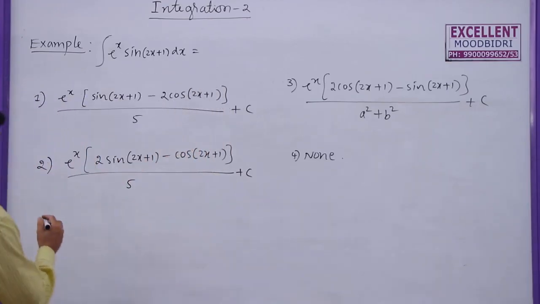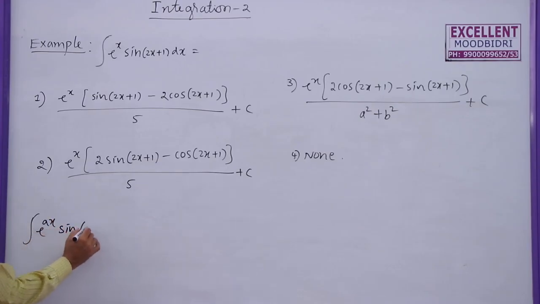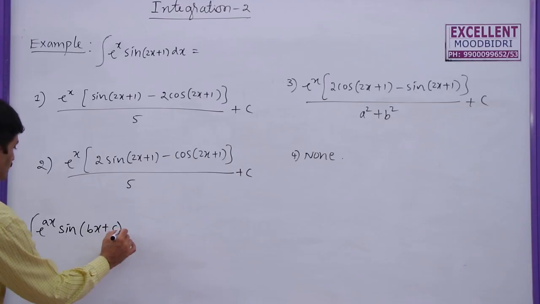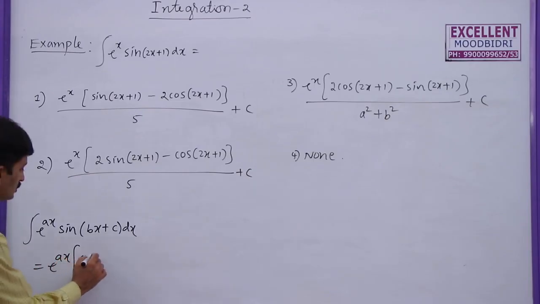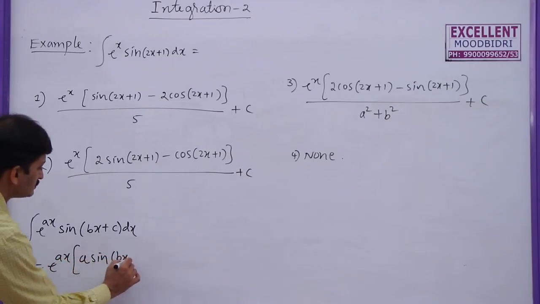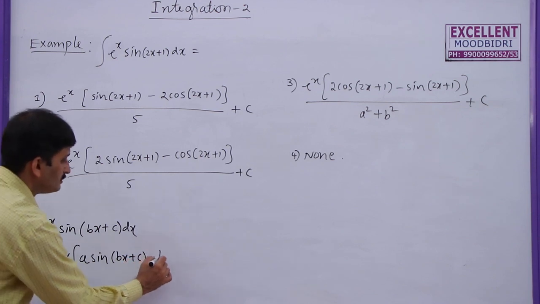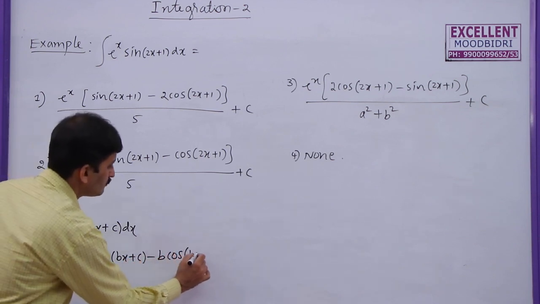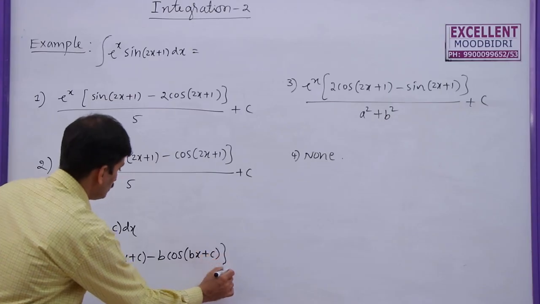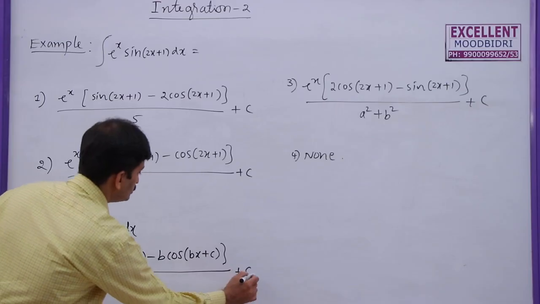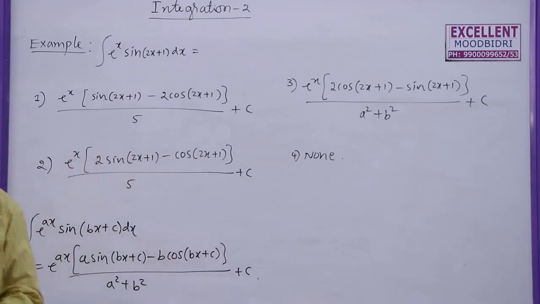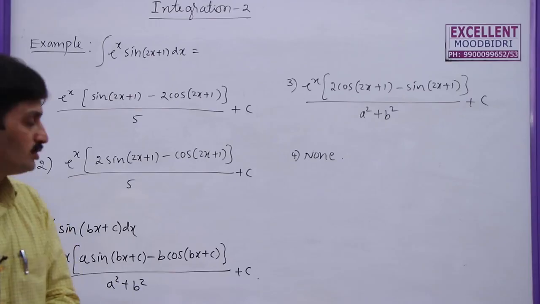The integration of e power ax into sine of bx plus c dx equals e power ax into a sine of bx plus c minus b cos of bx plus c, whole divided by a square plus b square, plus c. So this is the shortcut formula.